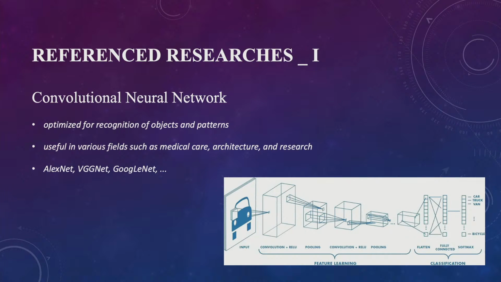The first reference research, convolutional neural network, is a deep learning model for image analysis. This is optimized for recognition of objects and patterns in the image. This being so, it is being utilized in various fields such as medical care, architecture, and research.